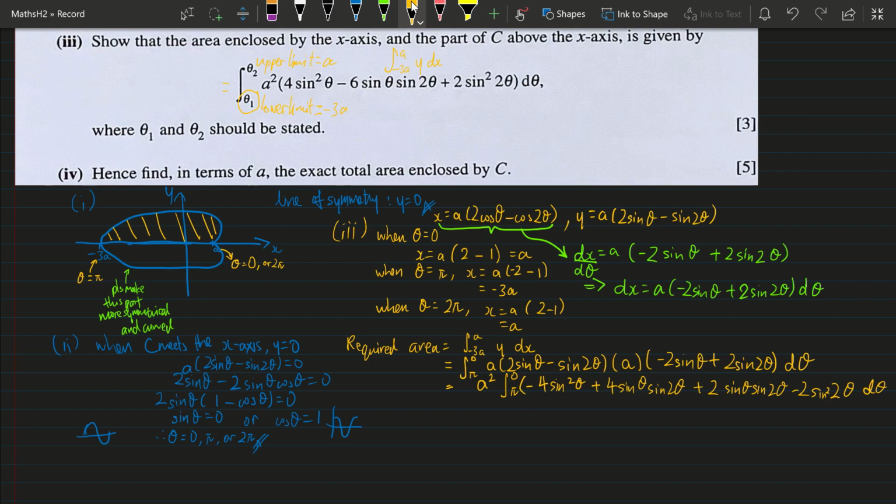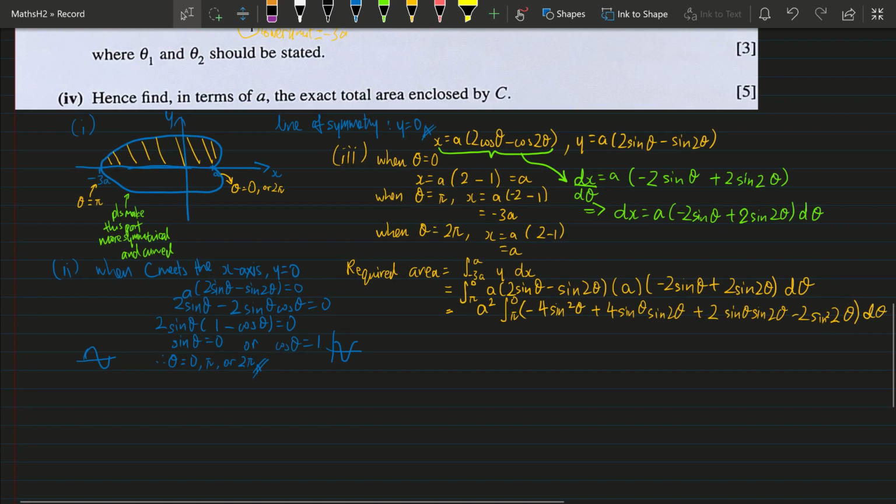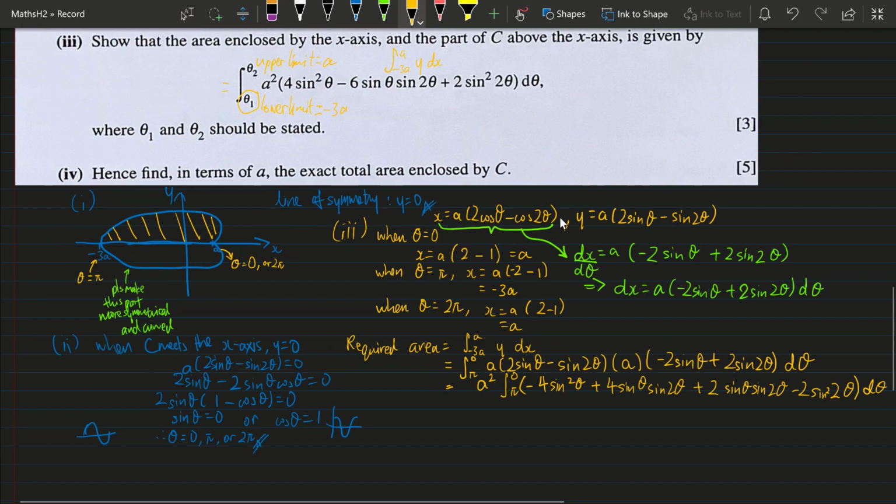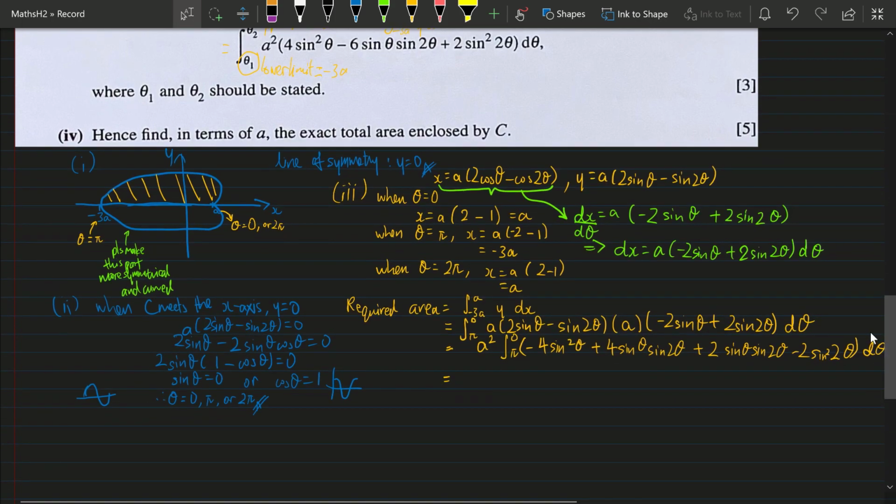Okay, so now if you're careful, you do the simplification correctly, we should arrive at this expression easily. This one would just be what you see on top. Okay, a square, sorry, they want it in the form which they want, right?